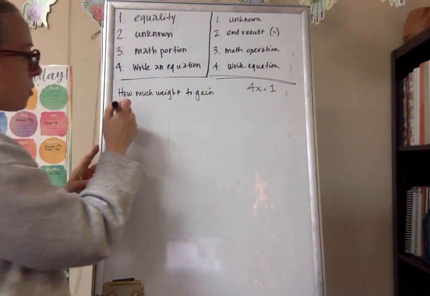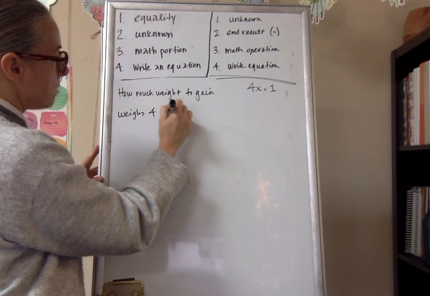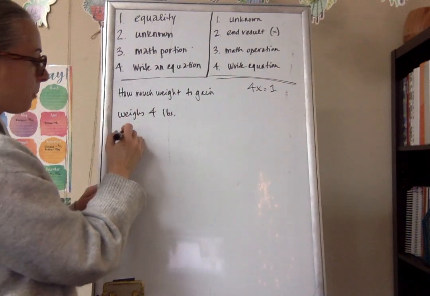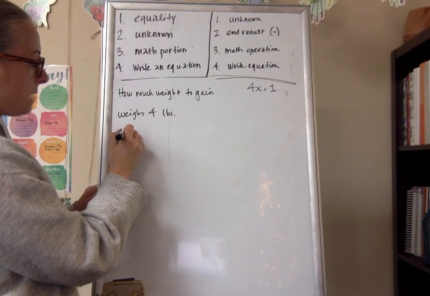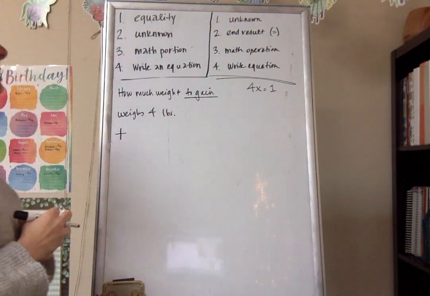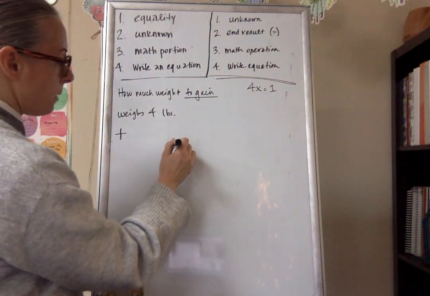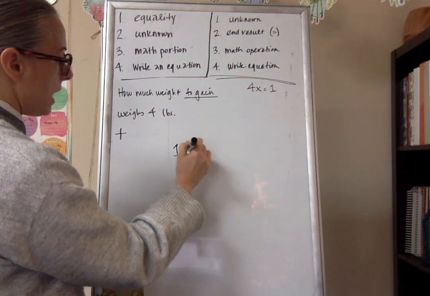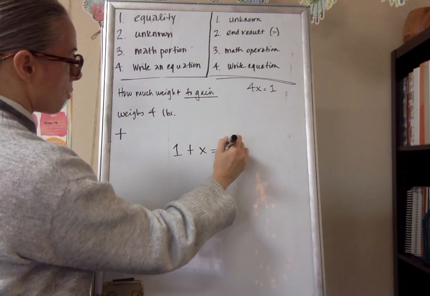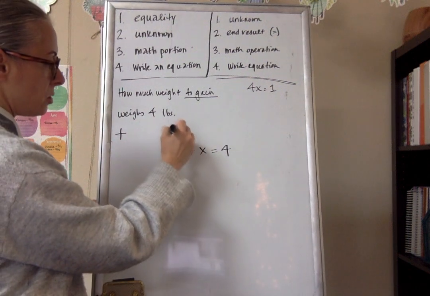That's our unknown. What's the end result? Well, the end result is going to be that it weighs 4 pounds. What's the math operation? The math operation is going to be addition, right? Because I just need to know how much weight it needs to gain. And that tells me I'm going to use addition. So I'm going to say if this kitten weighs 1 pound right now, 1 plus X equals 4 pounds. 1 is the weight now.